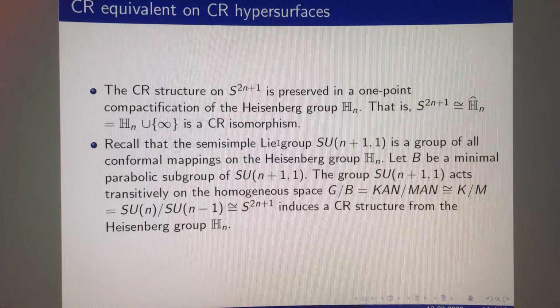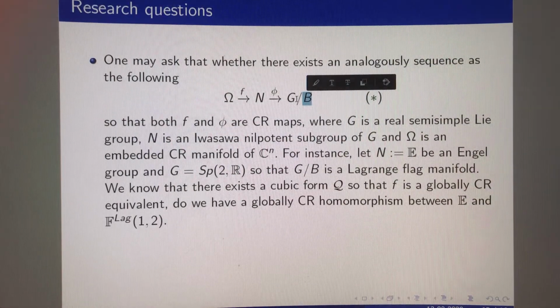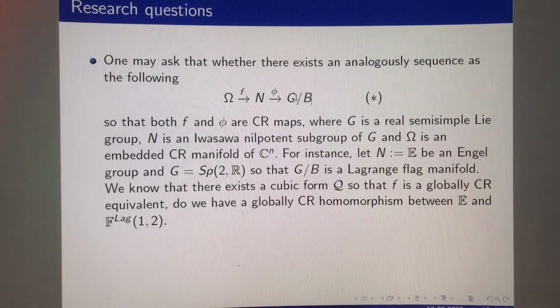So from those two observations, we finally have the following questions. The first one is we have the following sequence so that this F and phi are CR maps. We first assume that G is a real semi-simple Lie group and B is its Borel subgroup. So G quotient B gives a generalized flag manifold.